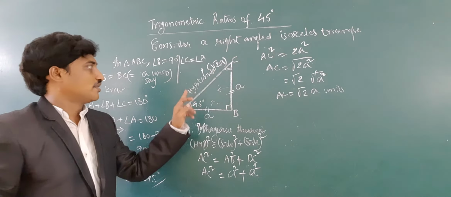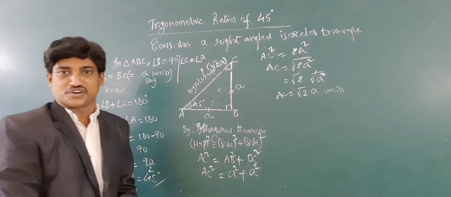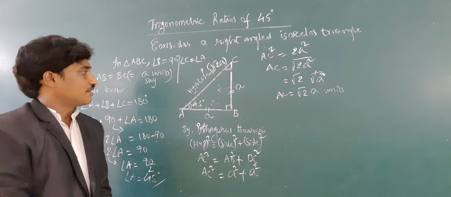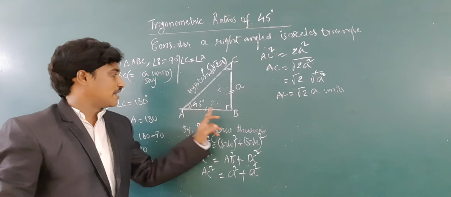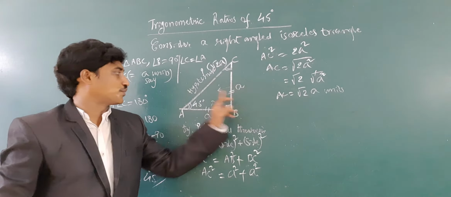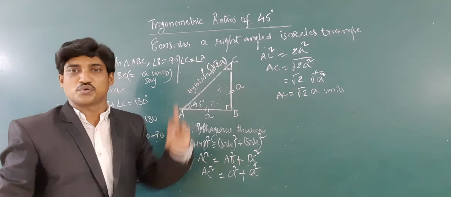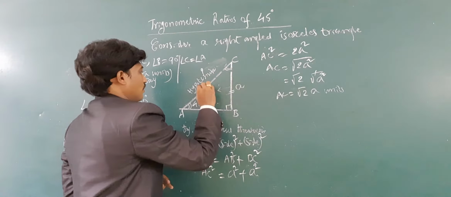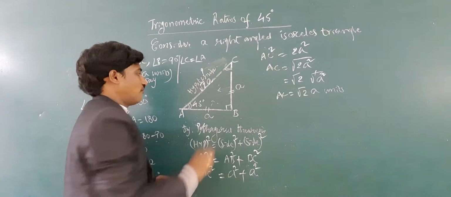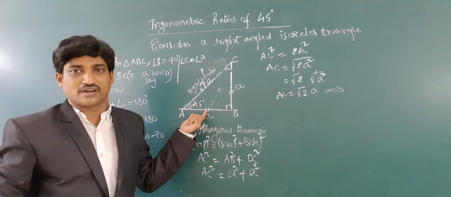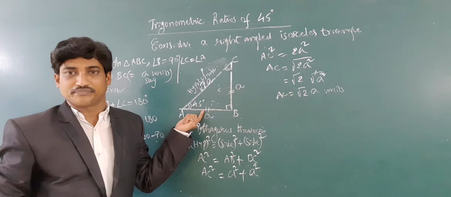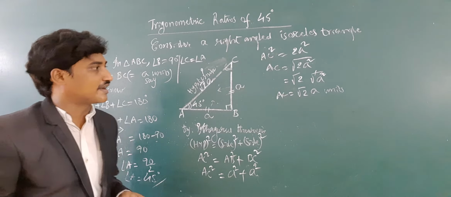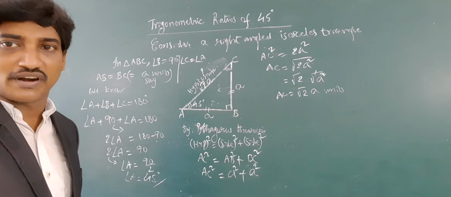AC length is root 2 into A units. So we know AB length is A units, BC length is A units, AC length is root 2 A units. Now we can find trigonometric ratios for 45 degree. Let us find the trigonometric ratios for this angle 45 degree.